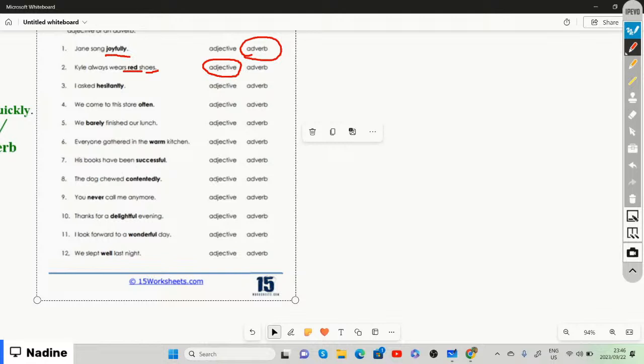So now the question is, how did I ask? Hesitantly. Hesitantly asked. So asked is a verb and hesitantly tells us how we did the verb. So this is an adverb.